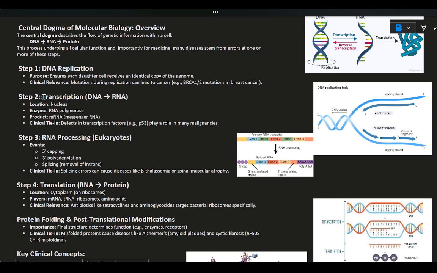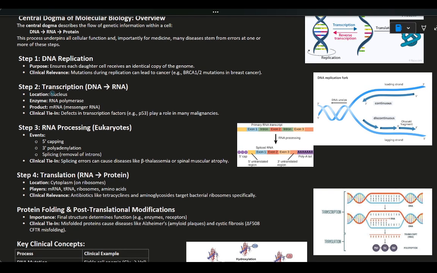The second step involves transcription, where we convert DNA into your RNA. Transcription happens in the nucleus of the cell, and it is facilitated by the RNA polymerase. So the RNA polymerase is the enzyme that does the transcription.